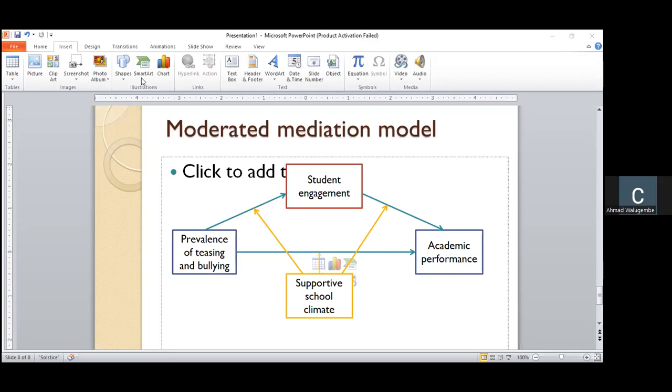Dr. Susan? The student, I think, is saying that when the arrow of supportive school climate, one of those arrows, crosses the arrow that is coming from prevalence to academic performance, that point of intersection communicates something mathematically.